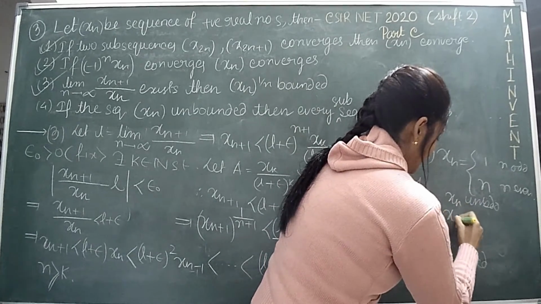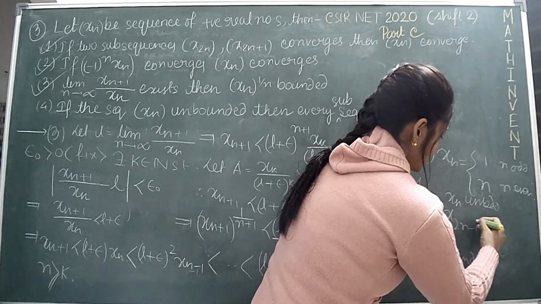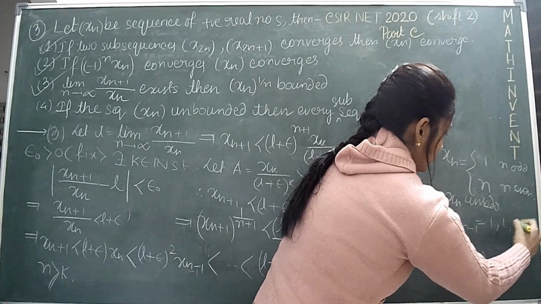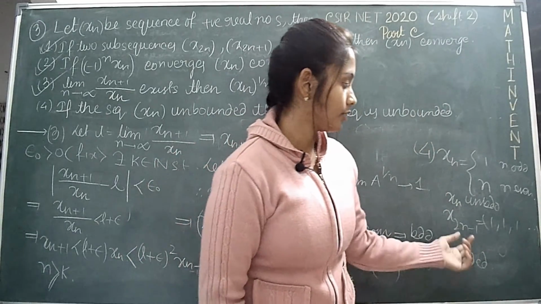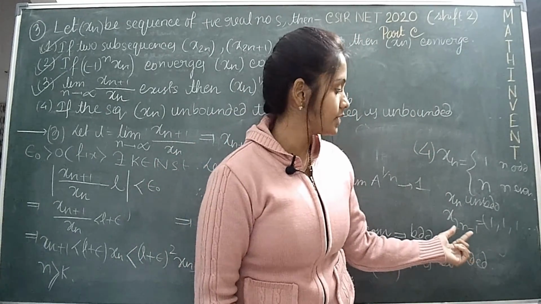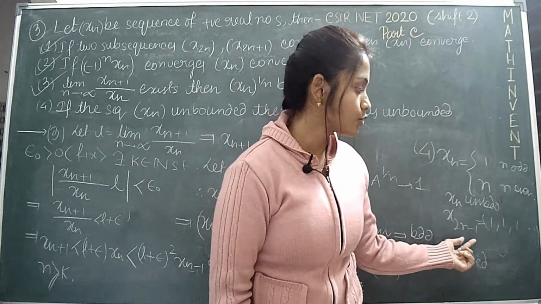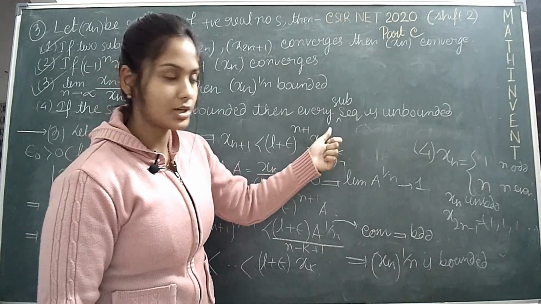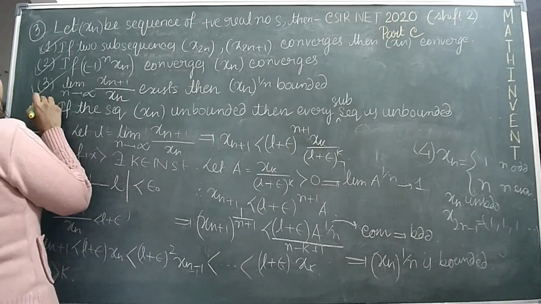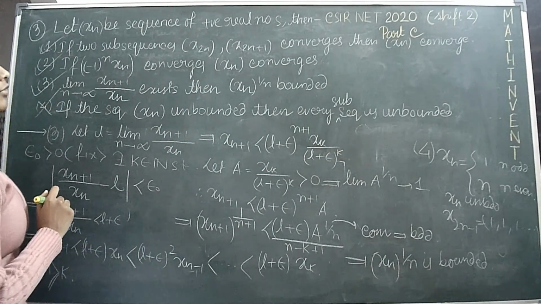But if we take x2n minus 1, every term of this sequence is 1. So x2n minus 1 is bounded. So this is a false statement in general.